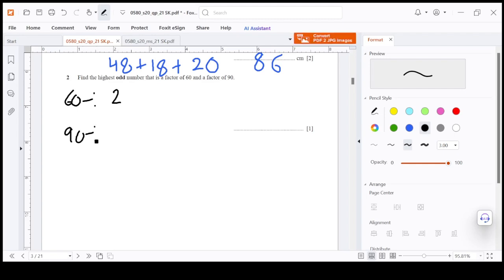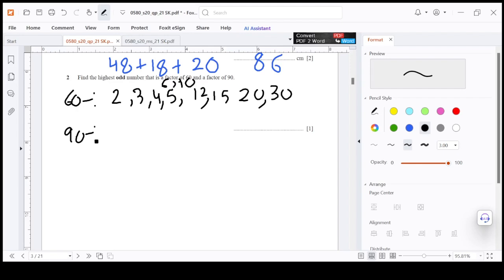So 2 and 30, then 3 and 20, then 4 and 15, and then 5 and 12, then 6 and 10. I believe that is it.